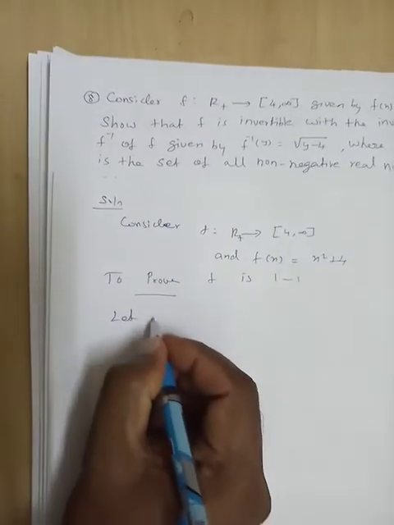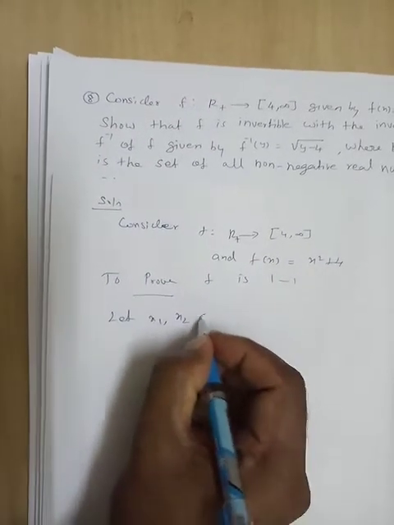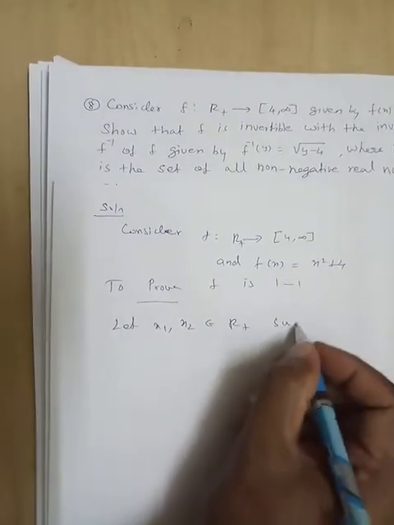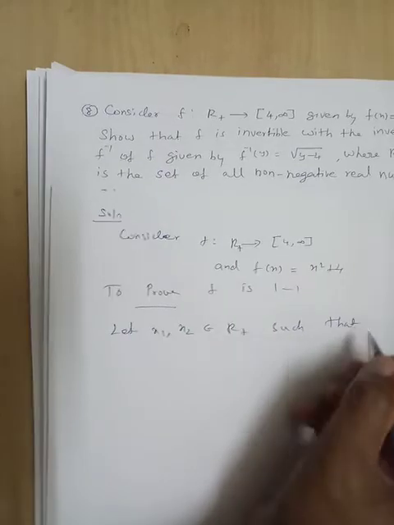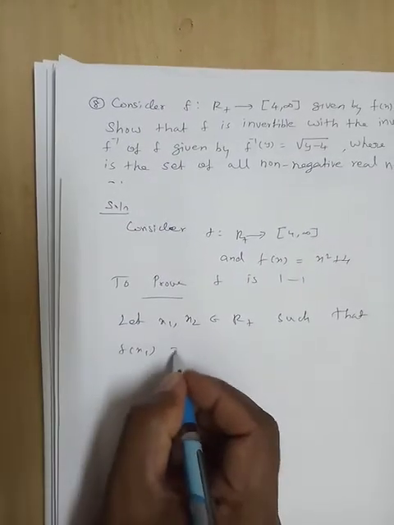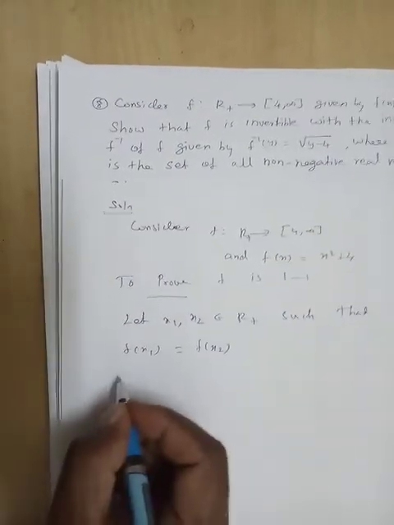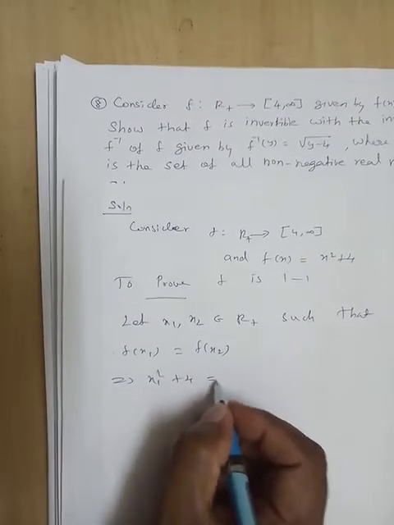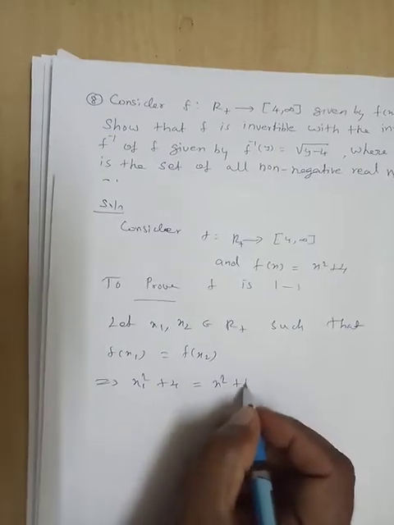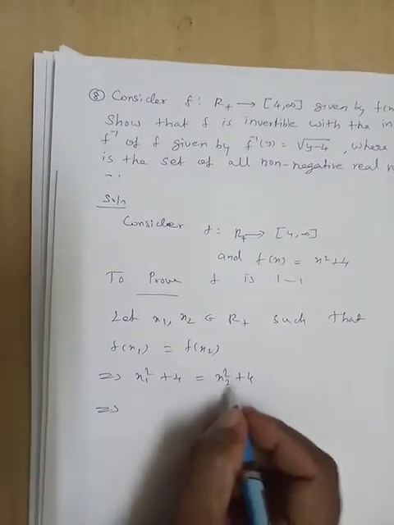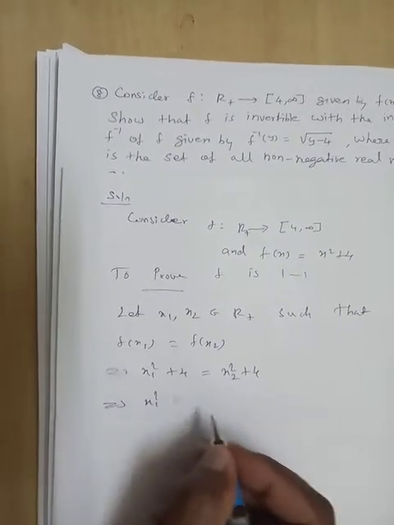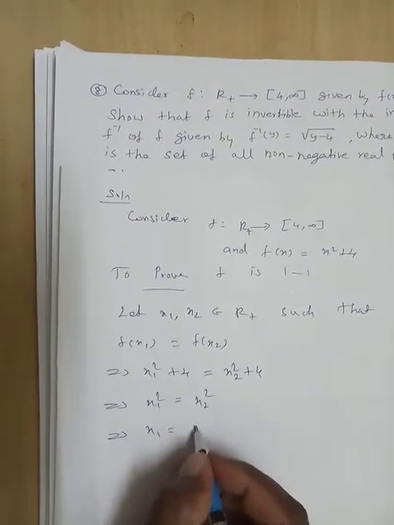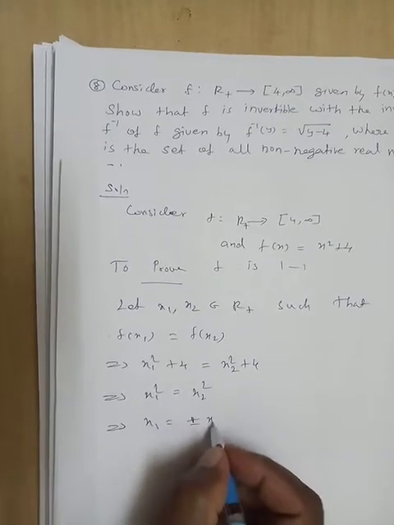let x1, x2 belong to R plus, such that f of x1 equal to f of x2, which implies x1 square plus 4 equal to x2 square plus 4, which implies x1 square equal to x2 square, which implies x1 equal to plus or minus x2.